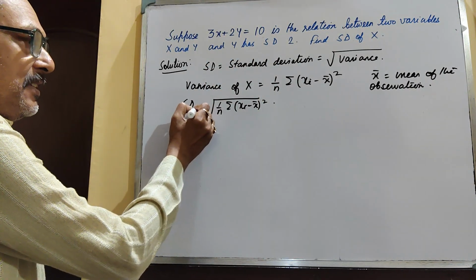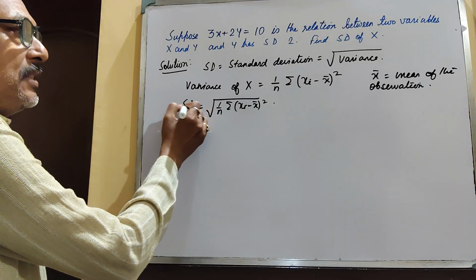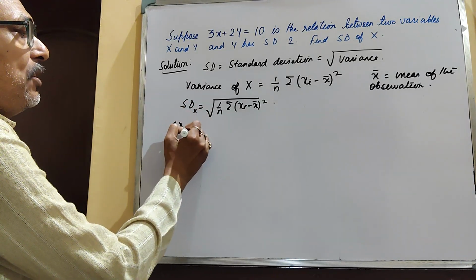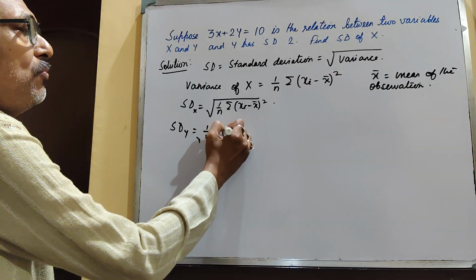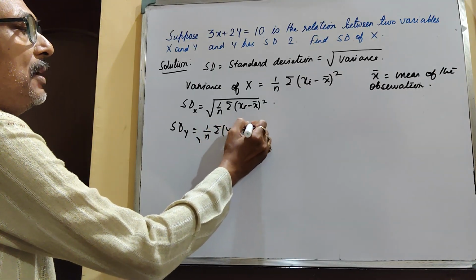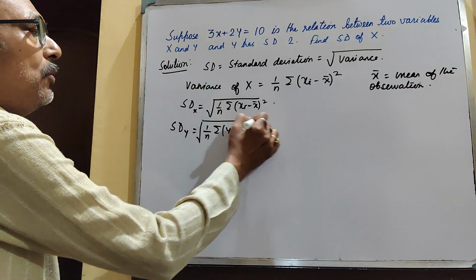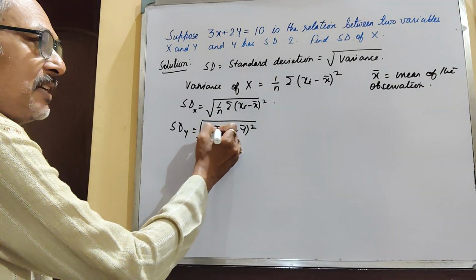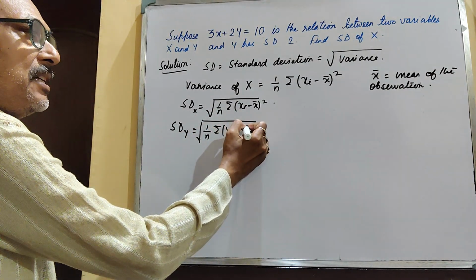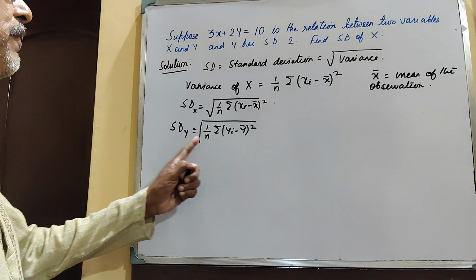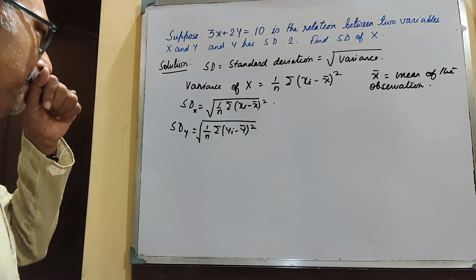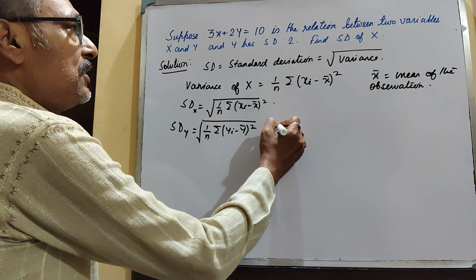SD of y is the square root of 1 by n summation of (yi minus y bar) whole square. That expression inside is the variance, so the positive square root of variance is the SD. This is given as 2.